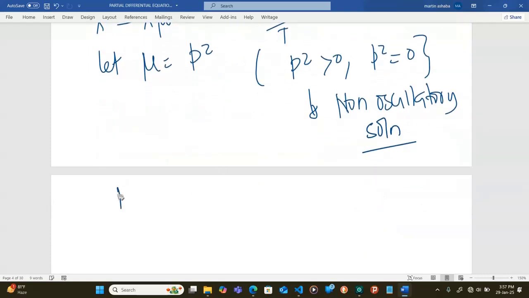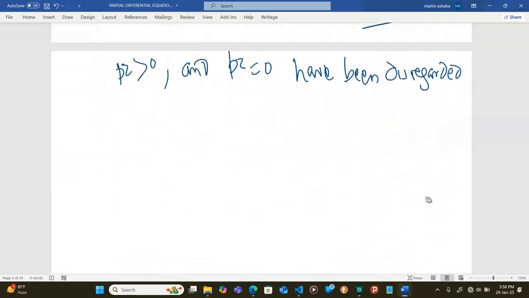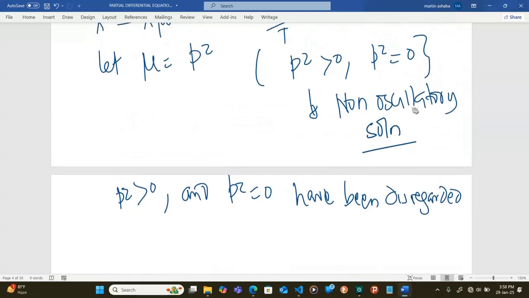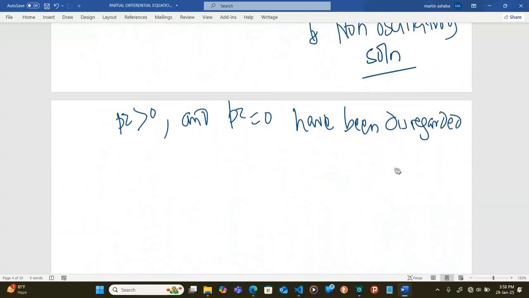So p squared greater than 0 and p squared equal to 0 have been disregarded. You try it in your time and see what you'll have. You'll have non-oscillatory solutions, and remember here we are interested in oscillatory solutions.